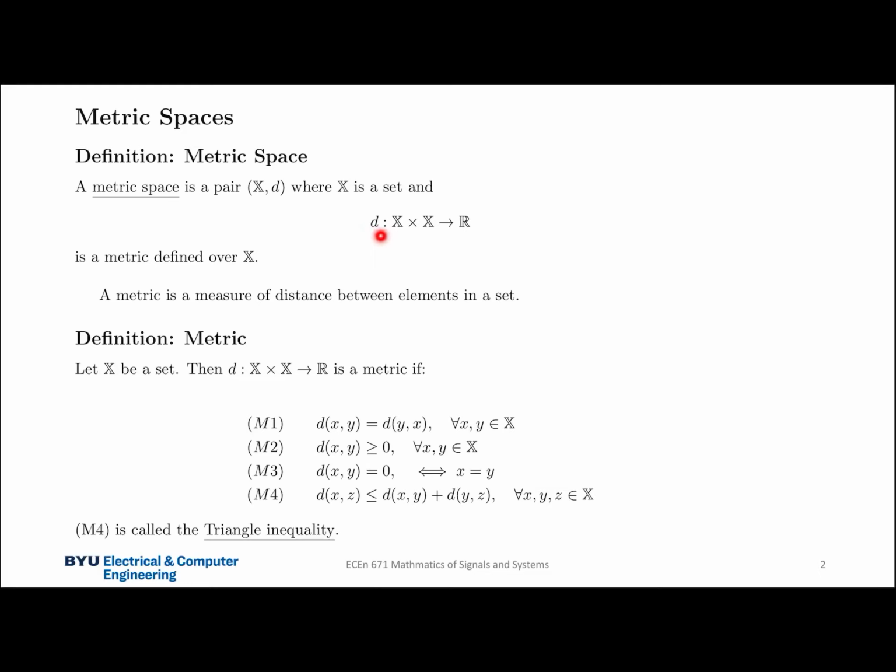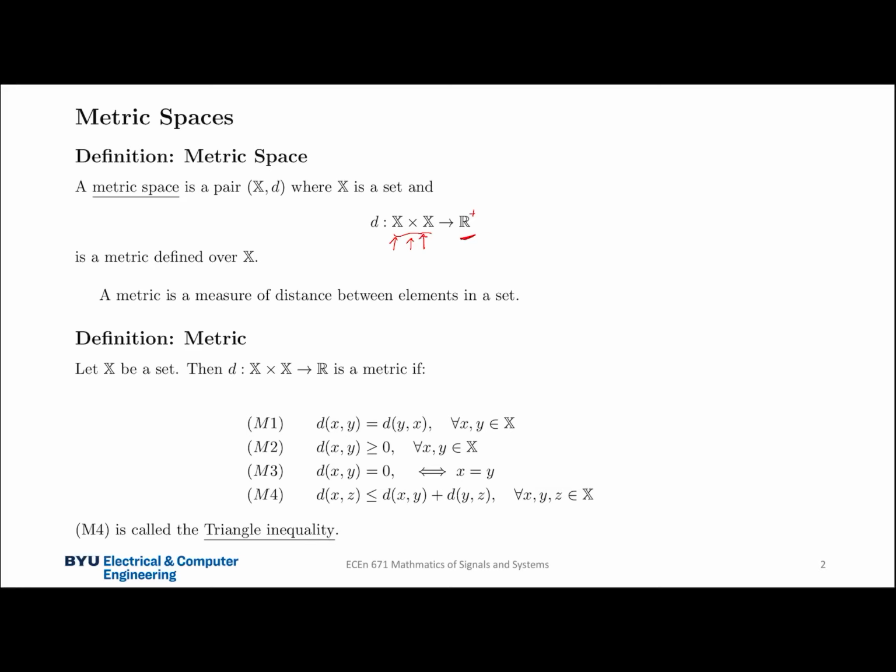D maps X cross X onto R, and probably we could put R plus here, meaning the positive real numbers. Remember, the cross here is a Cartesian product. It means that D is a function from two elements, one element coming from X, the other element coming from X again, and it produces something that is a positive real. Okay, so that's a metric.